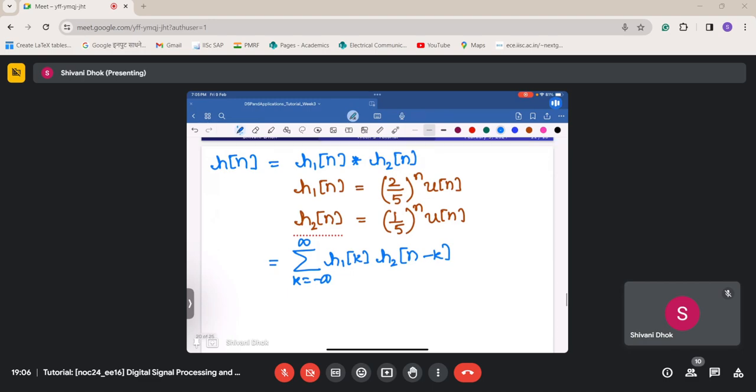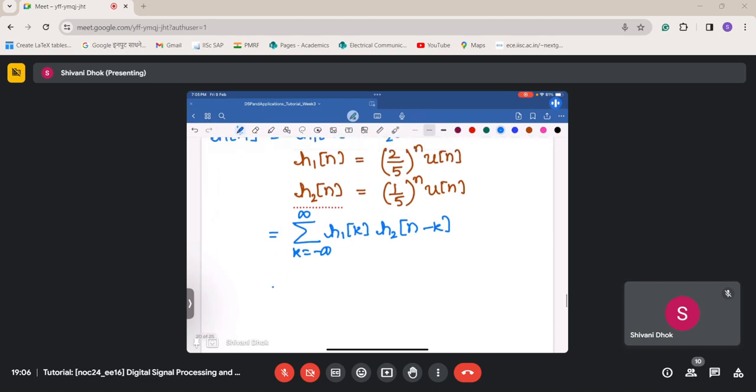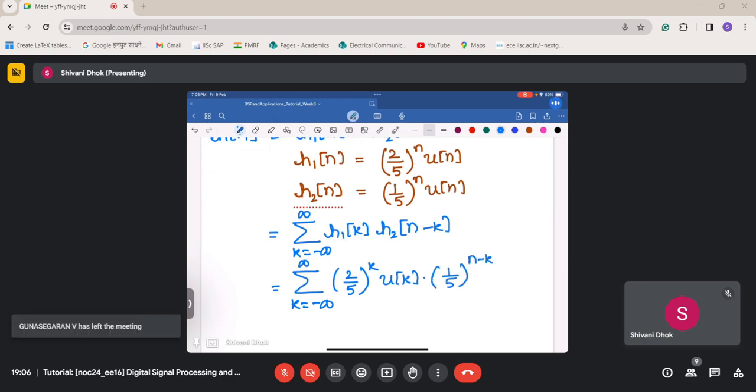This we can write as summation k from minus infinity to infinity, 2 by 5 to the power k into u of k into 1 by 5 to the power n minus k into u of n minus k.